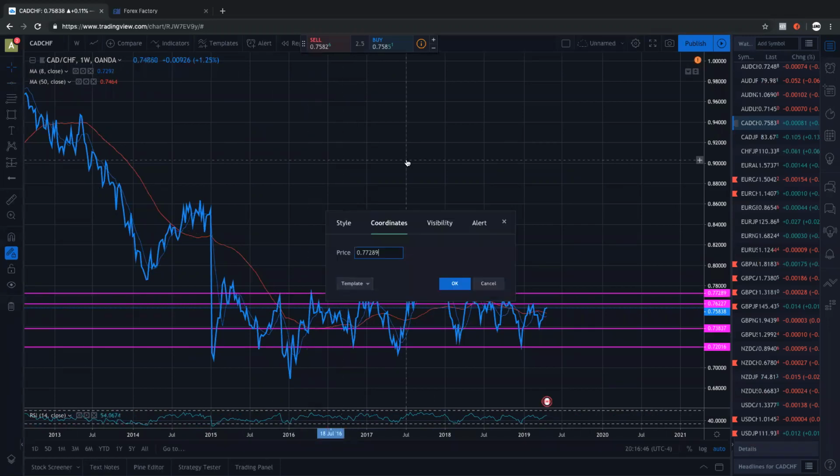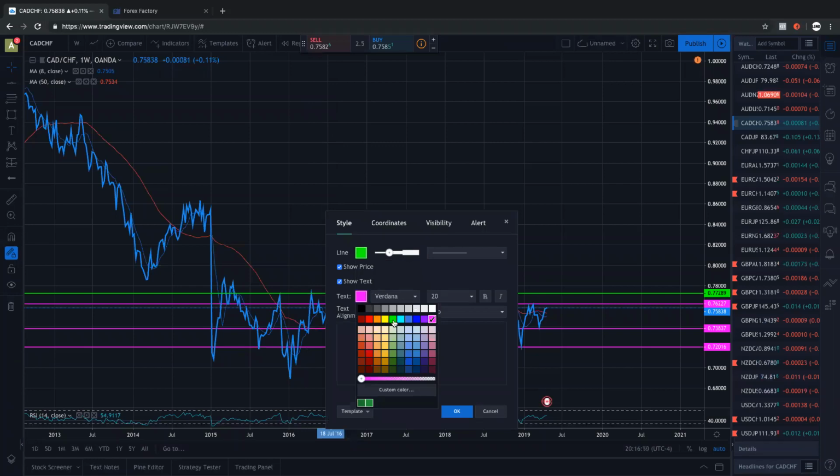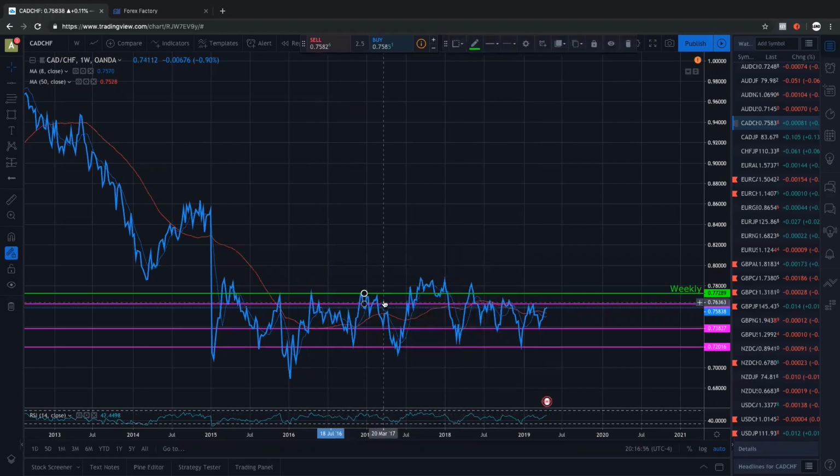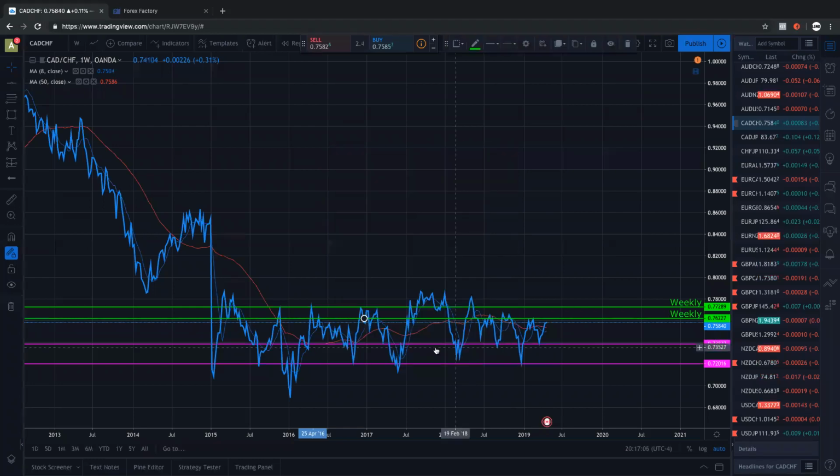So, wait a second. Since these are my weeklies, I'm going to go ahead and name them. And as I'm going through, if you guys have any questions, feel free to ask away.